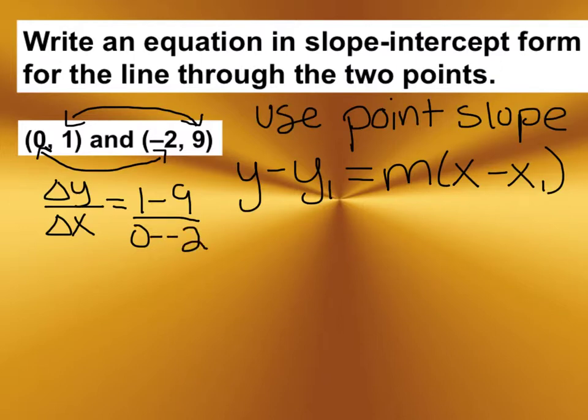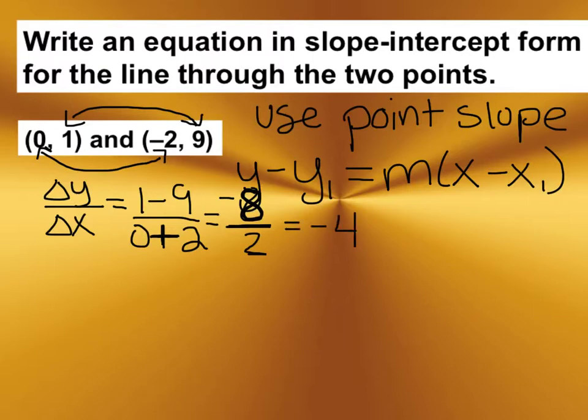And anytime you have 2 negatives, we make that into a positive. And 1 minus 9 is -8. Oops, sorry, I'm writing all over that. -8 divided by 0 plus 2, which is 2. And then we always reduce, so -8 divided by 2 is -4.